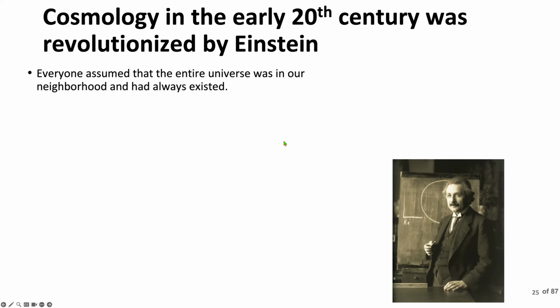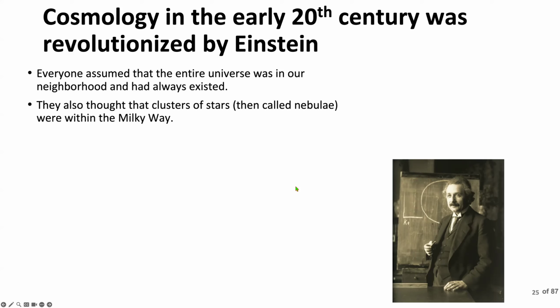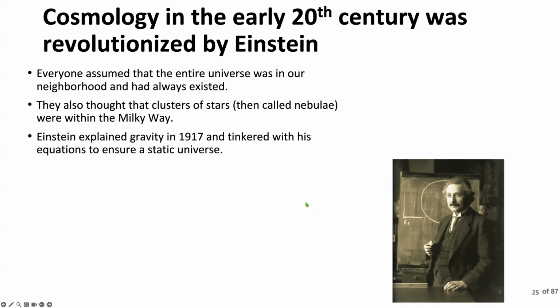So in 1917, Einstein's theory emerged, and right away people started using his theory to try to understand how the universe would evolve. Prior to roughly 1925, Einstein assumed, like everybody else did, that the universe was eternal and static. And he tinkered with his equations to make sure that that's what you get.